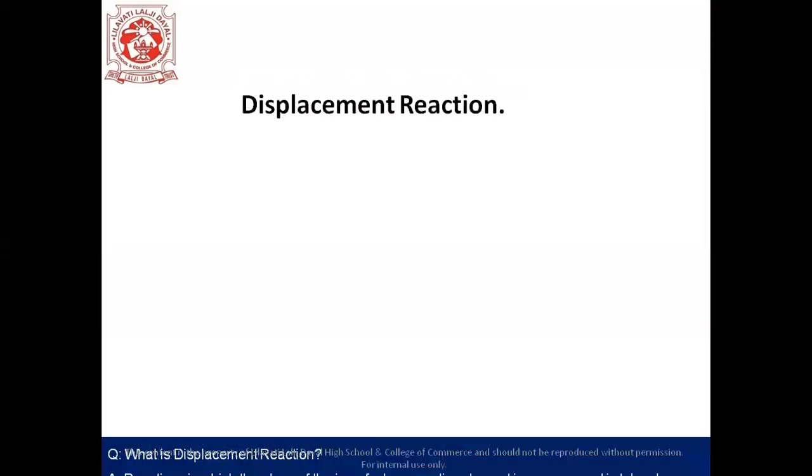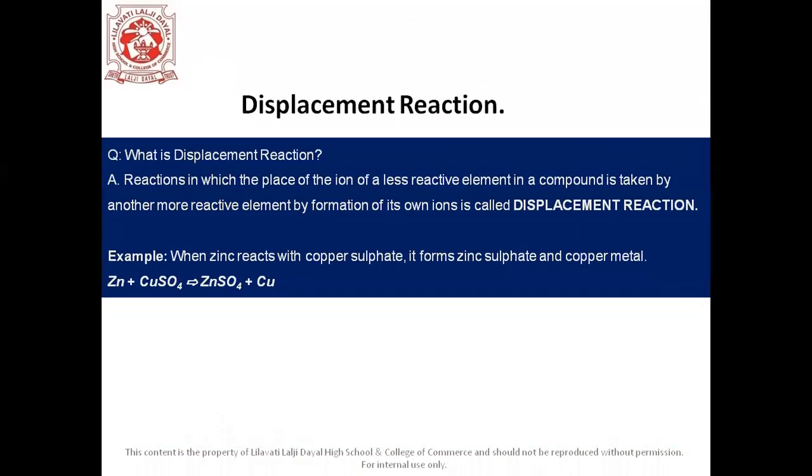Let's move on to the other reaction, that is displacement reaction. So students, what is a displacement reaction? It is a reaction in which the place of the ion of a less reactive element in a compound is taken by another more reactive element by formation of its own ions.